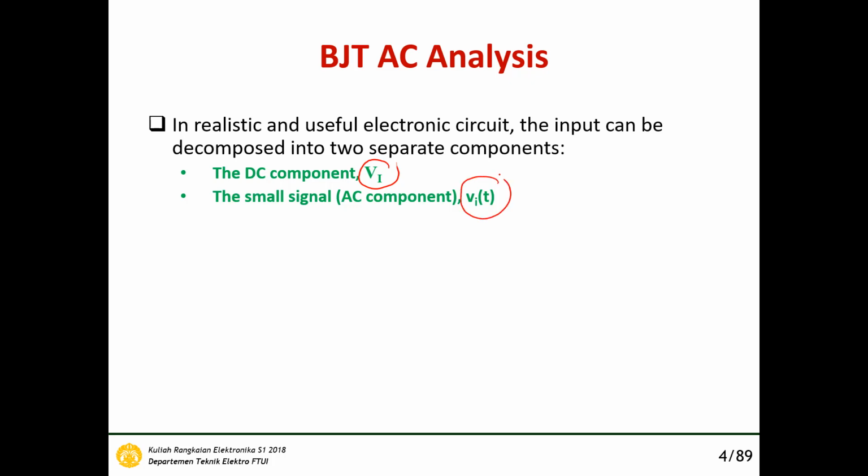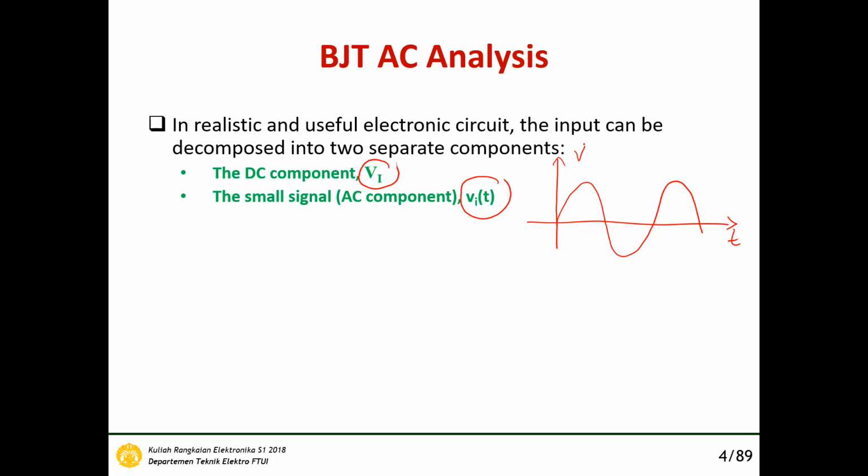v1(t), with a small v and a small t. Why do we use a t? Because in the AC component, the magnitude of the AC component varies, depending on the t. So AC is like this: this is the t and this is the magnitude, like v or i, the voltage or current.